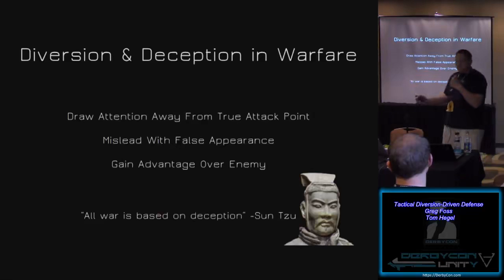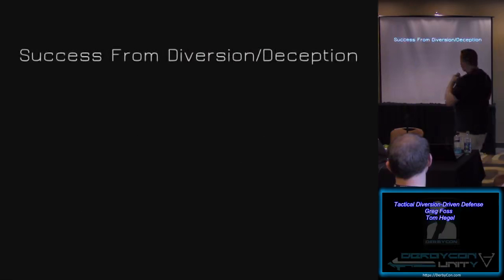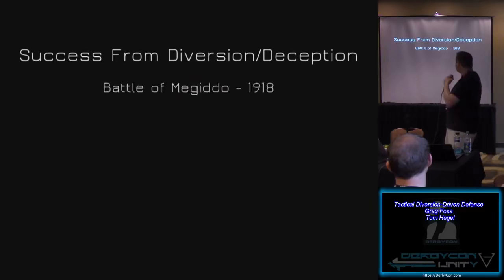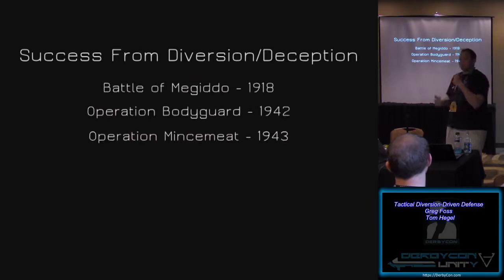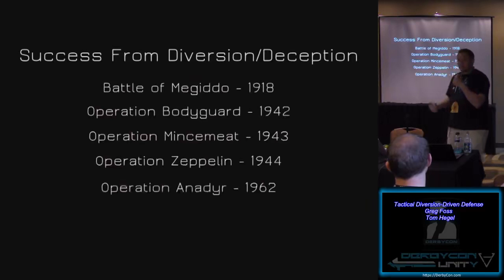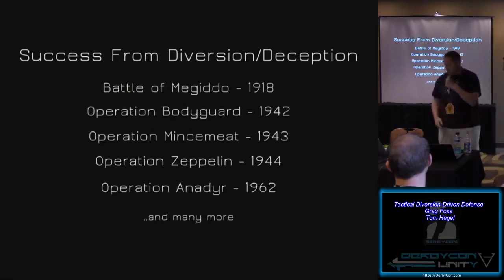And then misleading and trying to trap attackers and gain an advantage over the enemy when they're already within our environment. So traditionally, diversion and deception in warfare have been used for years, very successfully in multiple operations, throughout all of our history. So Tom's going to dive into one of these in more detail.